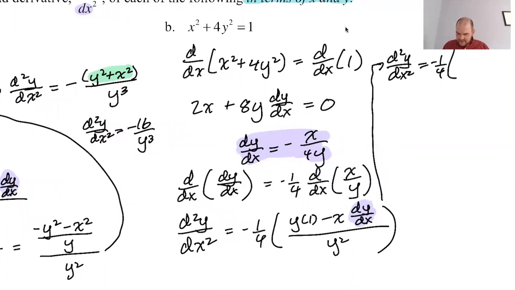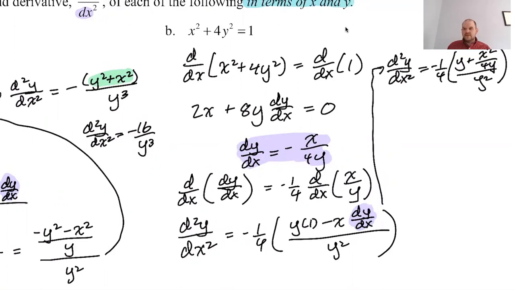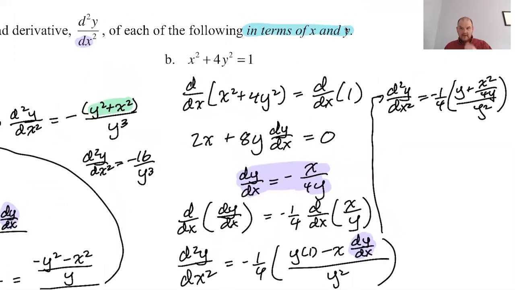So I'm going to do y, because it's y, and then plus x squared over 4y, and then over y squared. Gross. Oh, and also my face is right in the way. So there we go. And then a common denominator type of deal.